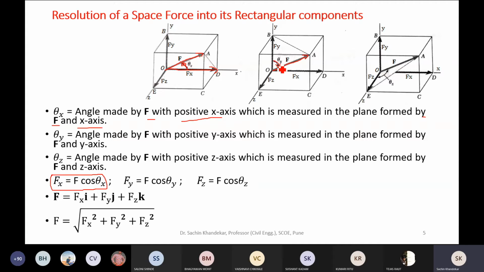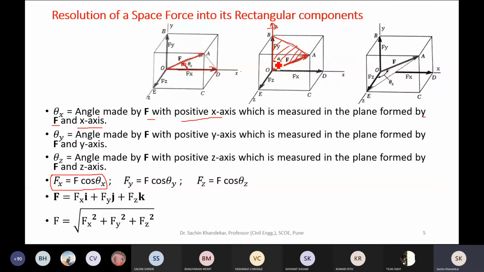So theta y is measured in which plane? The plane formed by this F and the positive y-axis. That plane is OAB. So in this particular plane OAB, the angle theta y is measured.